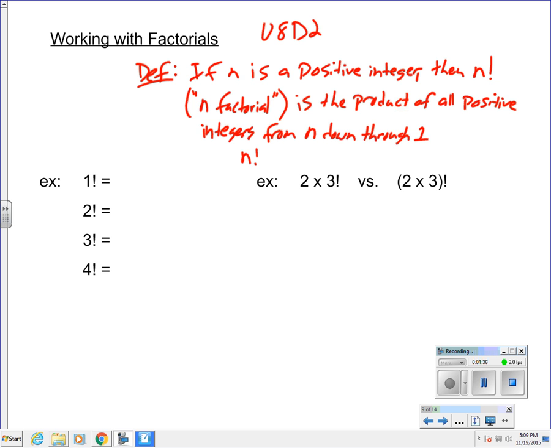So the way we'd write that is n factorial is n times 1 less than n times 2 less than n until we got down to times 2 times 1.